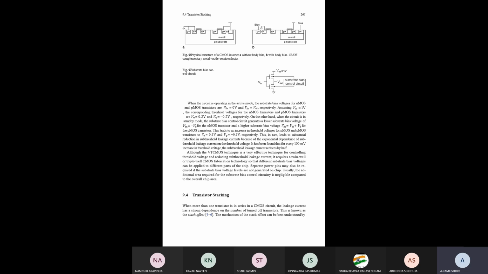During that time, the power dissipation of the circuit will increase when the device is in sleep mode.